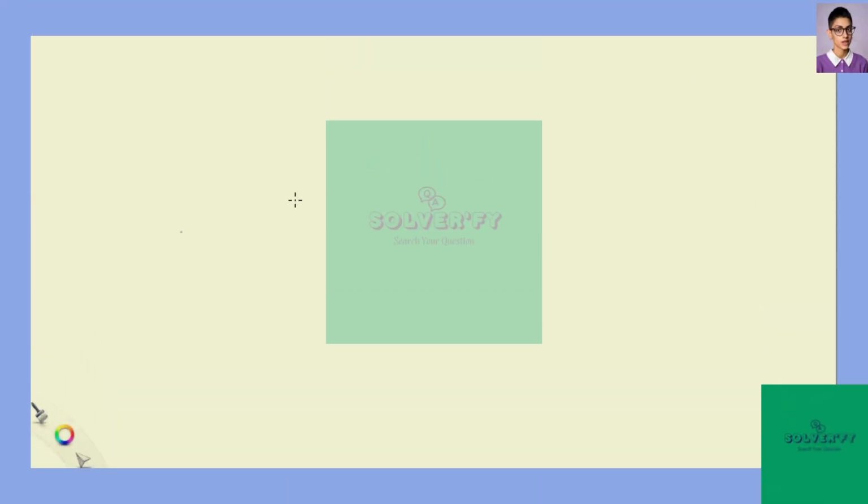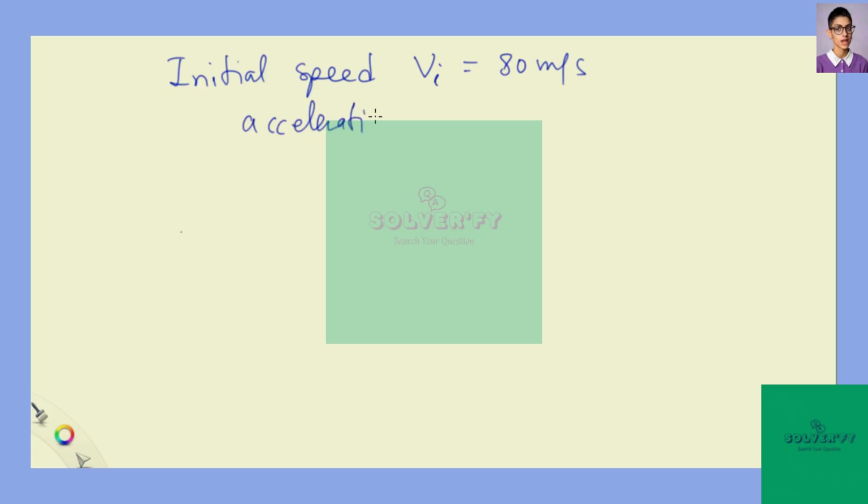Hi, in the given problem, the initial speed given to the rocket in the upward direction is Vi = 80 meter per second, and the acceleration provided is a = 4.00 meter per second square.